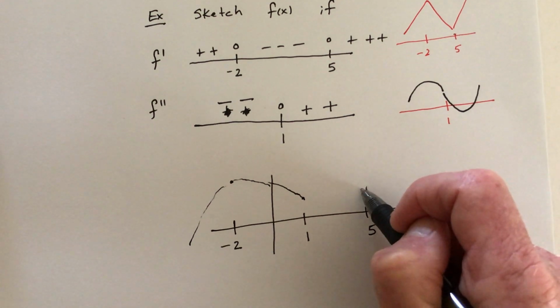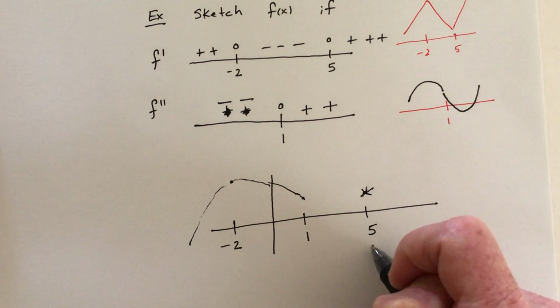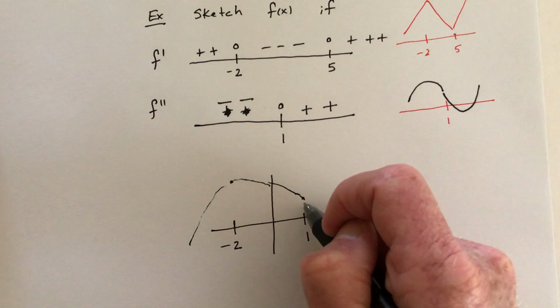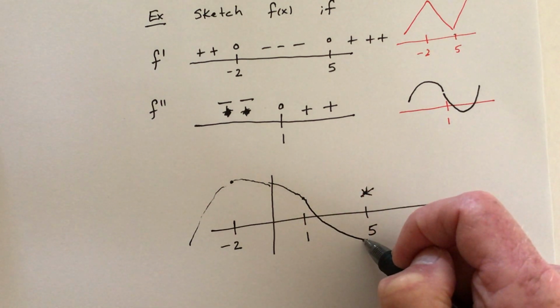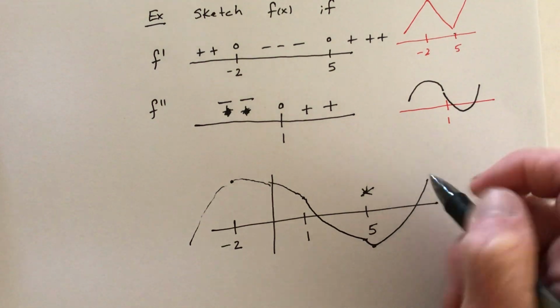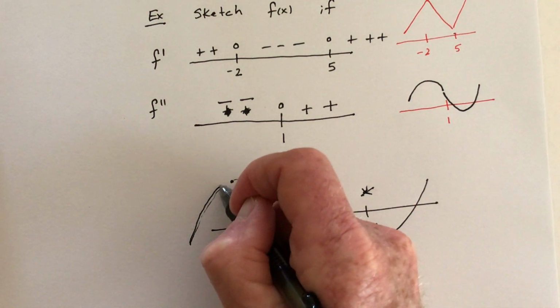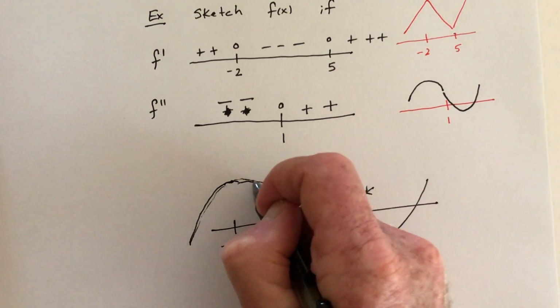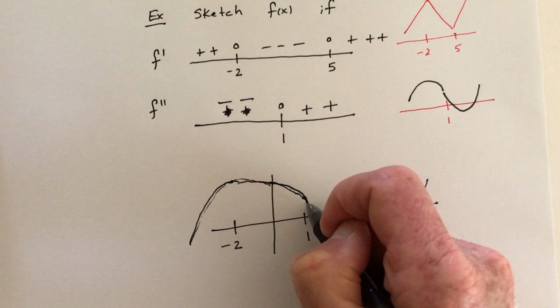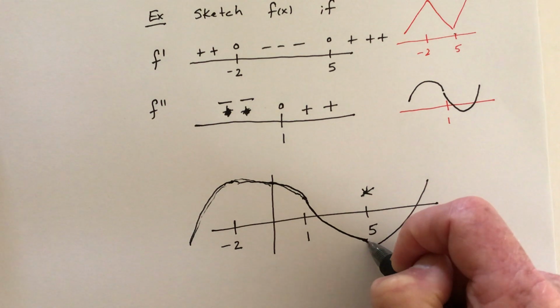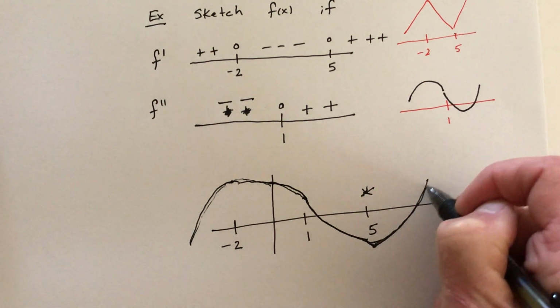So let me just erase that point and move it lower, because the way this is going, it should look more like this. And then it hits the minimum. And then just try to smooth it out and make it look like a nice function. Okay, that's concave down. This part's concave up. And there we go.